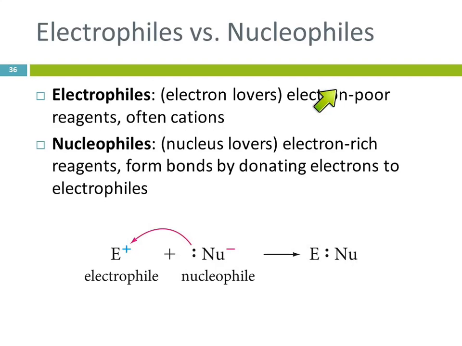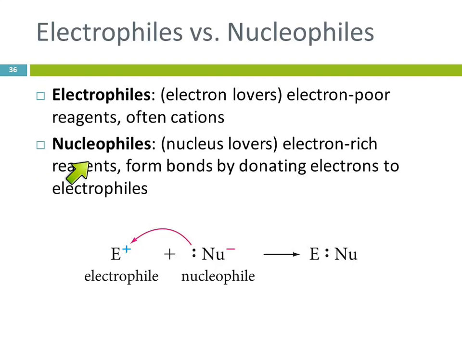Electrophiles are electron-poor reagents, often cations. And because they're deficient in electrons, they are going to be attracted to the electrons, because opposites attract. Often these are cations which have a positive charge, and so they're going to be attracted to the electrons. And the opposite of the electrophile is a nucleophile, a nucleus lover.